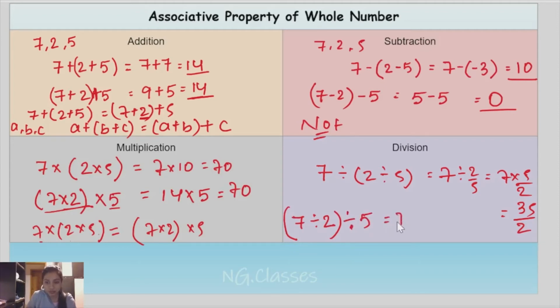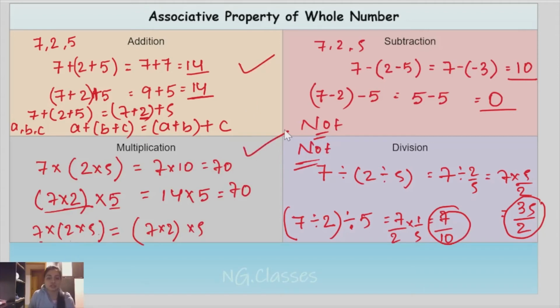So it will give us 7 by 2 into 1 by 5 equals 7 by 10, right? So this 35 by 2 and 7 by 10, these two are different. So we can say division is not associative. So addition and multiplication, these two are associative, and subtraction and division are not associative.